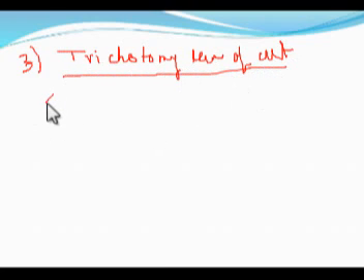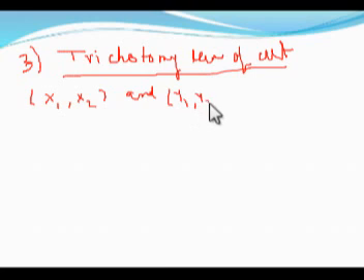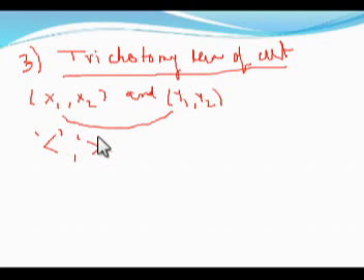If we again consider two cards x1, x2, and y1, y2, then the trichotomy law tells us that among any two cards, there must be a relation of less than type, or greater than type, or equality.